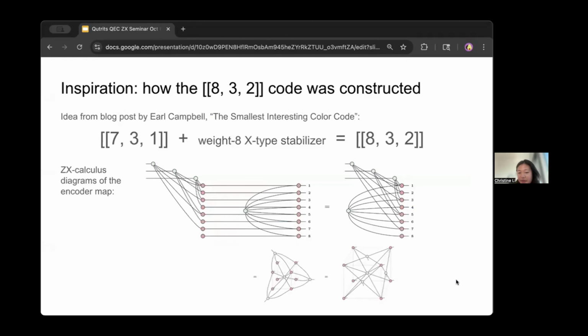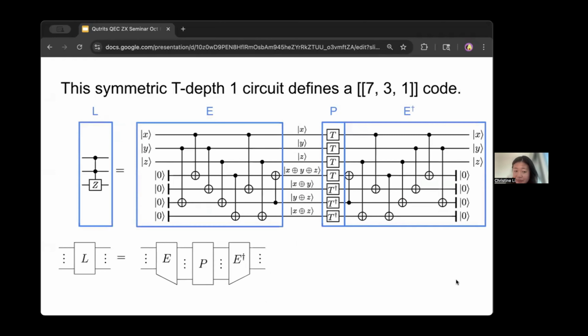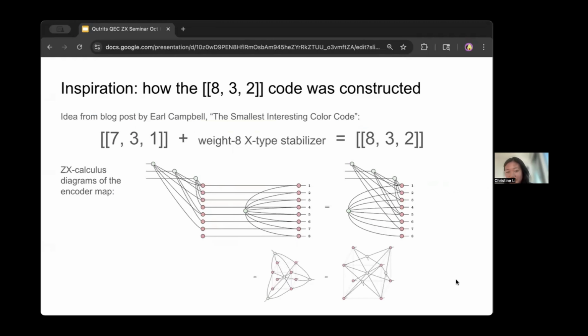But if we add just one full weight X type stabilizer that checks all 8 qubits, this increases the code distance while also preserving the overall logical gate. So it still has this transversal CCZ. And that is the fault tolerant implementation.